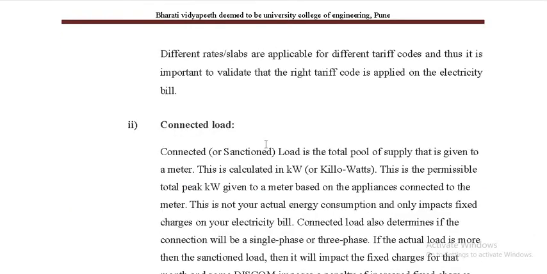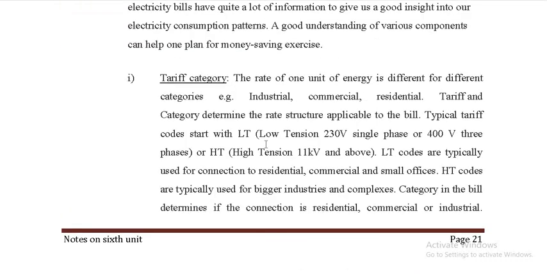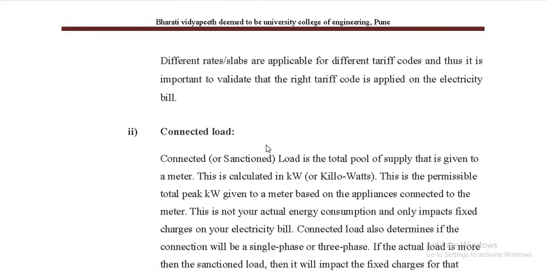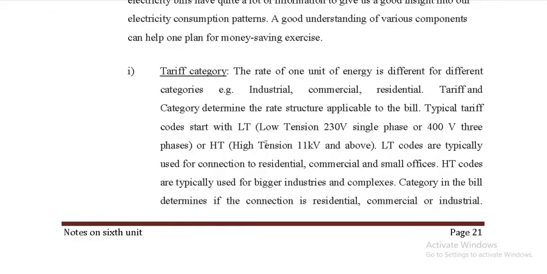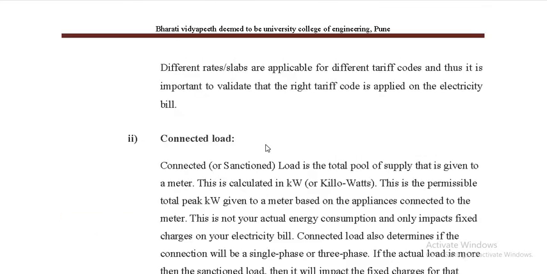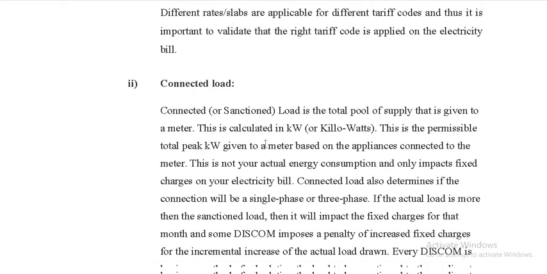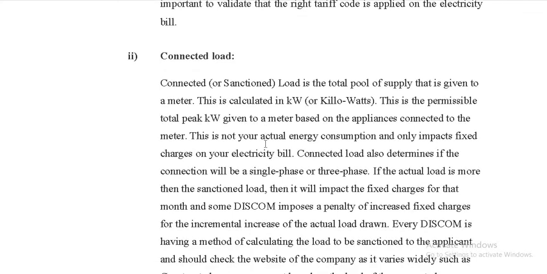Yes, so let us talk about the things. The very first thing we talked about is that the bill will depend on which category you belong to. The next one is connected load. Connected load means, let us say it's a residential home, and you have to predict what the different points are, and that way the load is calculated.